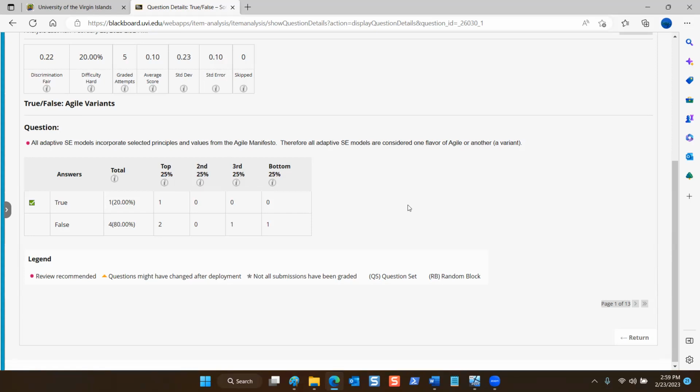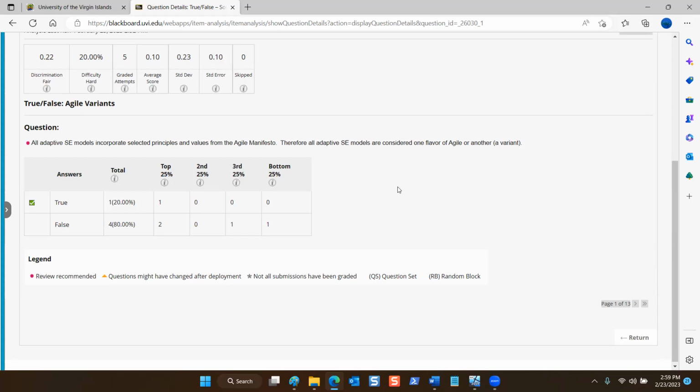Is anyone surprised by that outcome? I am, because I looked into the study guide. I remember it was saying different flavors and other variants rather than singular. That's why I chose false.